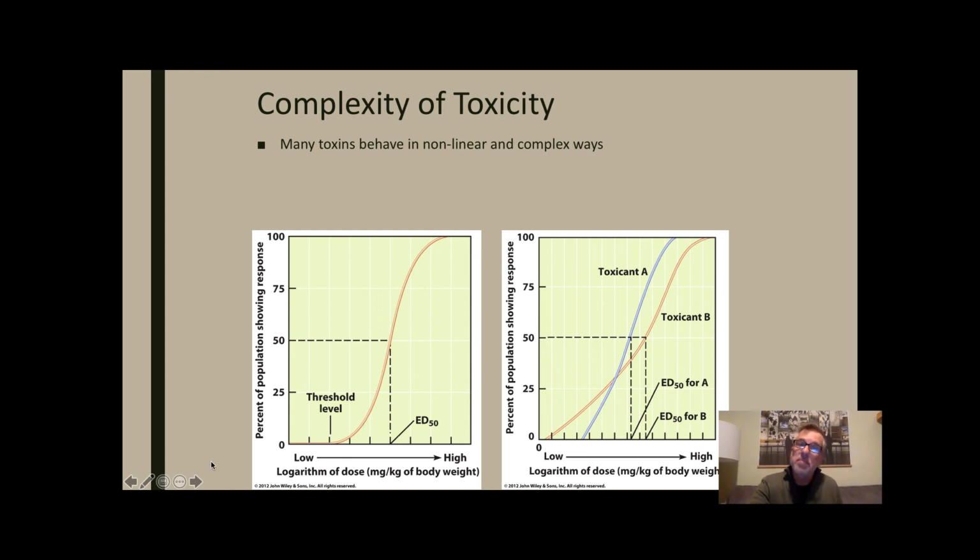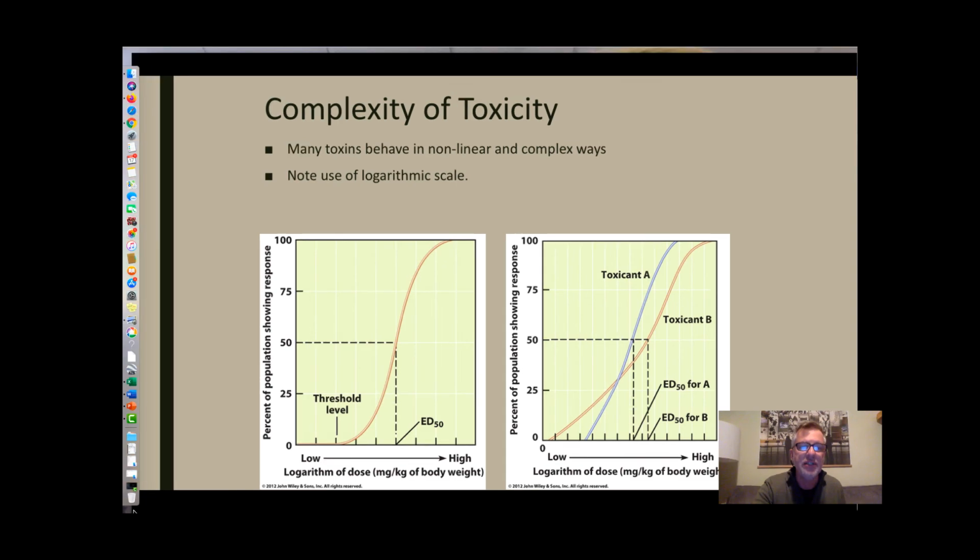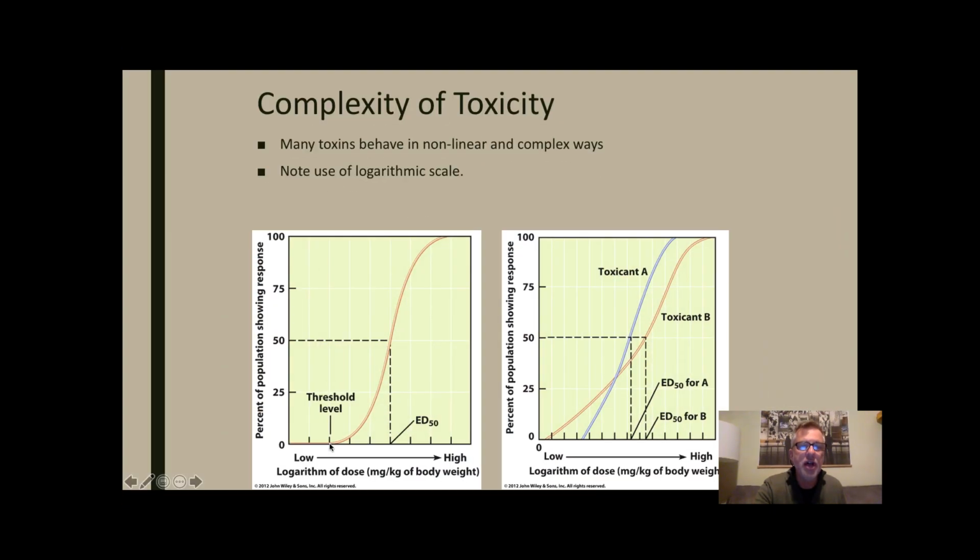So many toxins have even more non-linear curves. Second, note that we use a logarithmic scale when we measure this. In other words, each line on the horizontal axis represents a 10-fold increase in the dose. So that's an important thing to note, that we are often measuring these in 10-fold increases in our experiments.